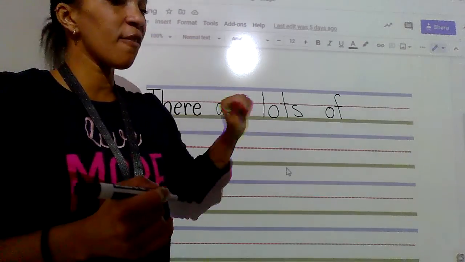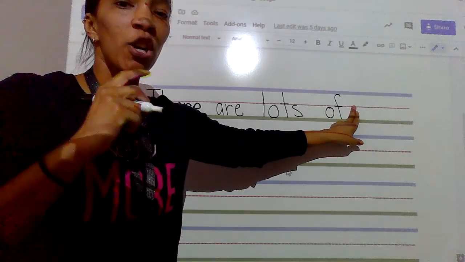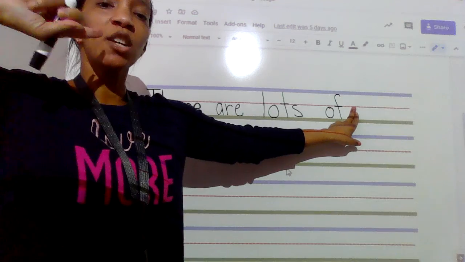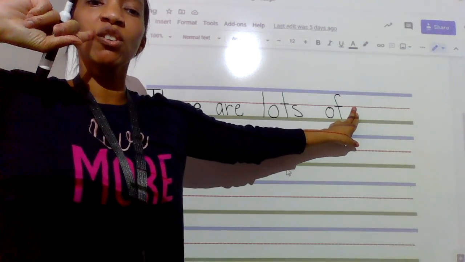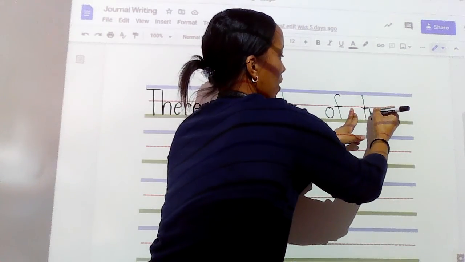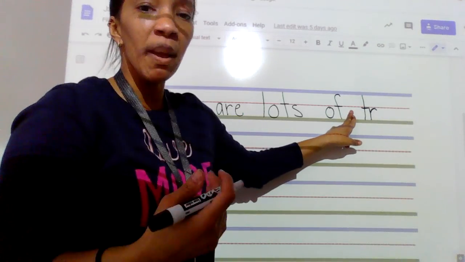There are lots of, who remembers, what did I say? Trees. And there was that tr sound. Make sure you're saying tr. So 2 letters work together to make the tr sound, and that is T, R. So if you think of truck and trees and trip, tr.